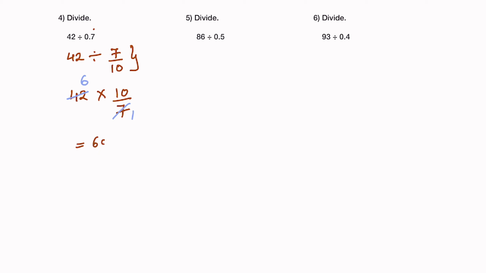That is 60. Next, 86 divided by 0.5. Just one decimal place. So that's 5 upon 10. So 86, division becomes multiplication and inverse the fraction. That's 10 upon 5. And we know that 5 times 1, 5 times 2, right?